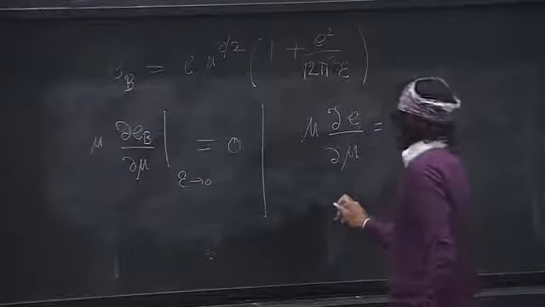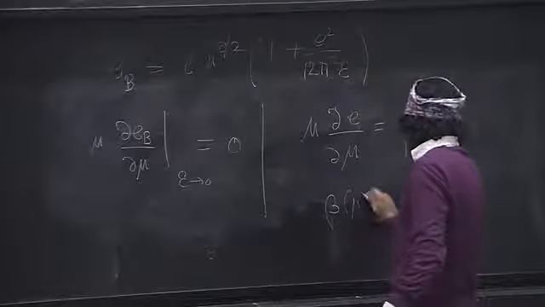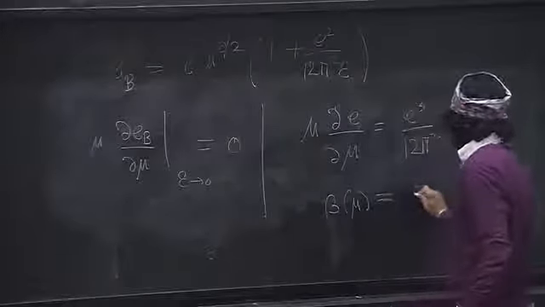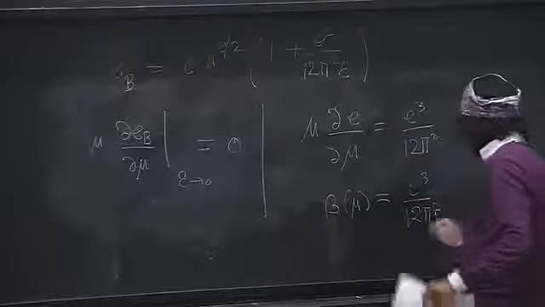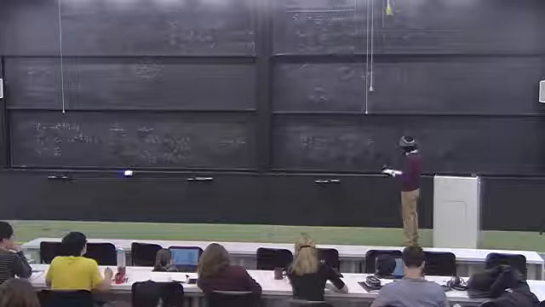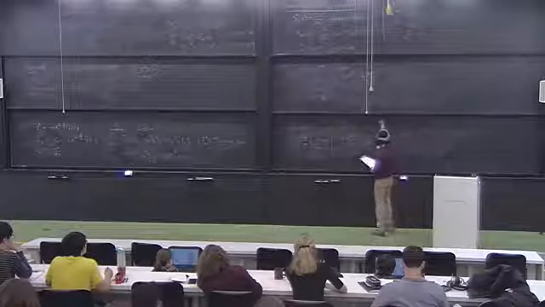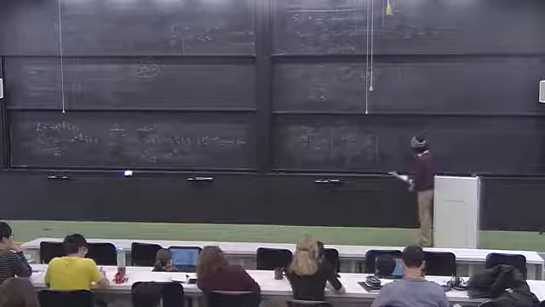But the left-hand side is what we call a beta function. And this is the one-loop beta function for QED.